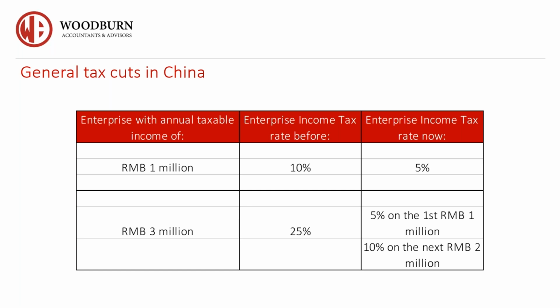And I think this is wonderful news for any company that is looking to go into the market. Get your head off of the fact of this 25% profits tax rate. This will only come once you hit above 3 million renminbi in terms of annual taxable income. Okay, so basically you're looking at 5% up to 1 million, 10% between 1 and 3 million, and then thereafter you're looking at a tax rate of 25% on the remaining amount.